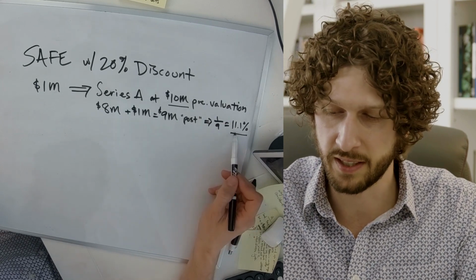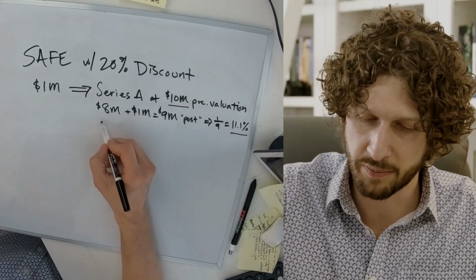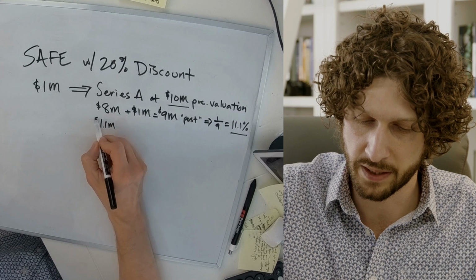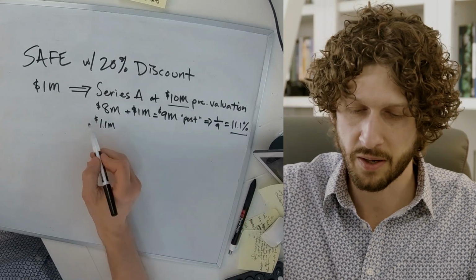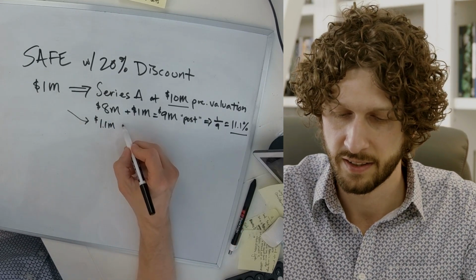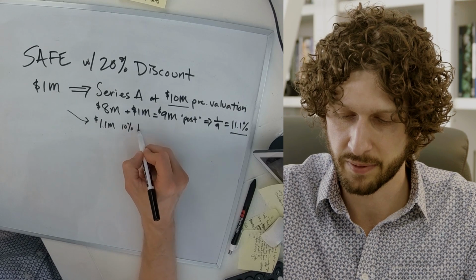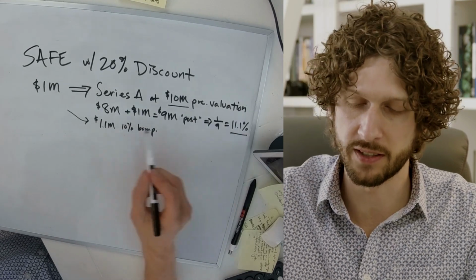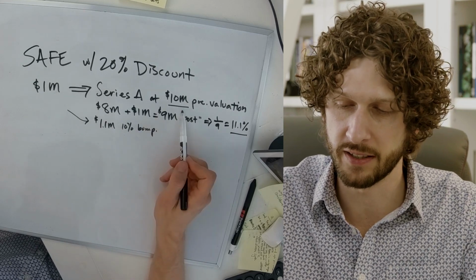Well, what's this worth today? This is now going to be worth $1.1 million. So I got a really nice 10% bump in valuation there. This is assuming, of course, that the company didn't raise any more money in the Series A.